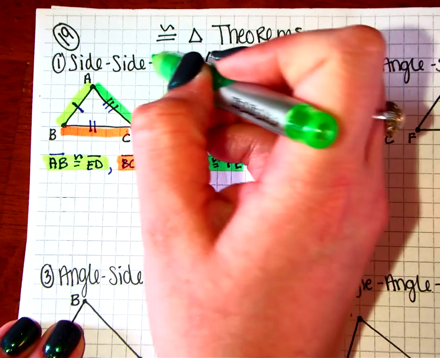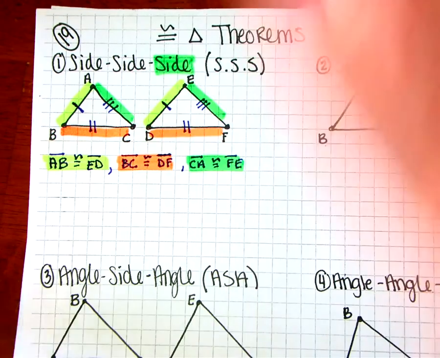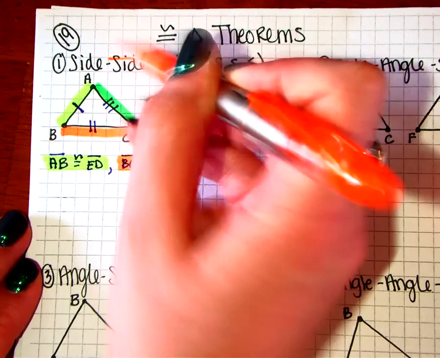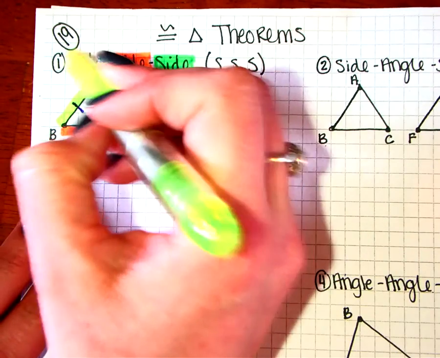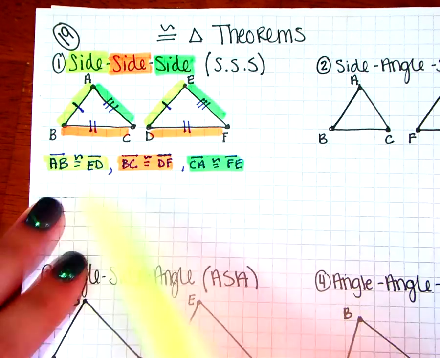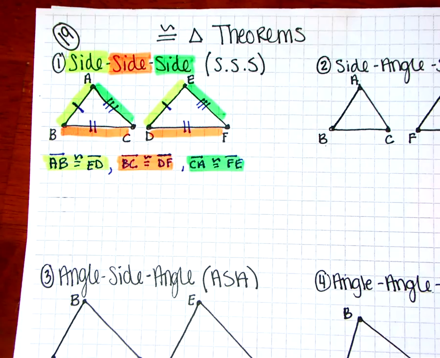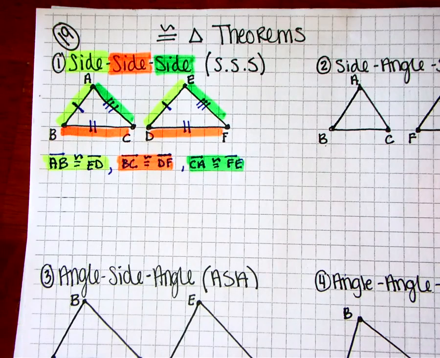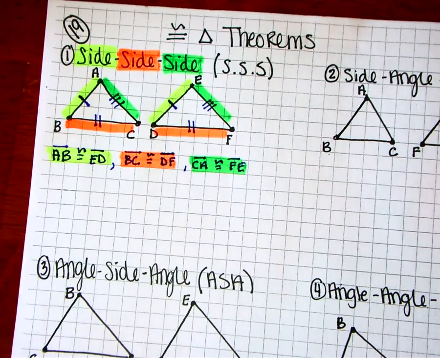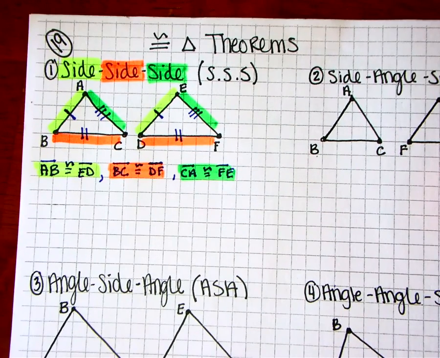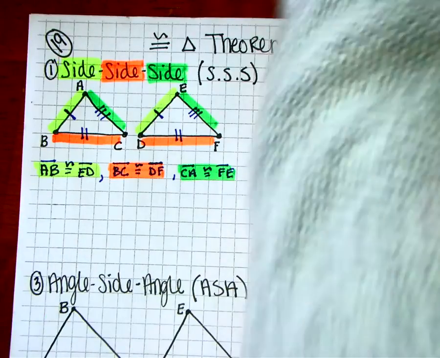So that kind of represents the side, side, side. Now, this is going to seem very strange until we kind of put it all together. So this page 19 is mostly going to be just learning all of the theorems, and just trust me when I say we're going somewhere with it. To be able to classify how triangles are congruent, you have to know all the theorems first. So I'm going to try my best to break everything down for you, but we're just going to start with side, side, side. It's the easiest.